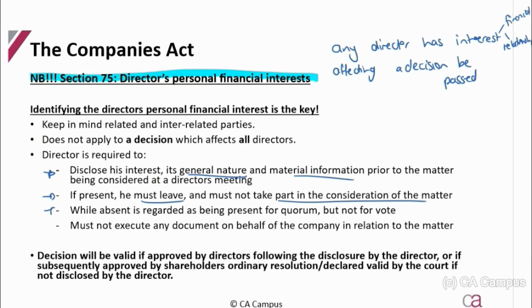While they are absent, they are present in terms of a quorum because they were at the meeting, but not for the vote. So they don't get to add an extra vote for that decision. And they cannot execute any documentation on behalf of the company for this matter.